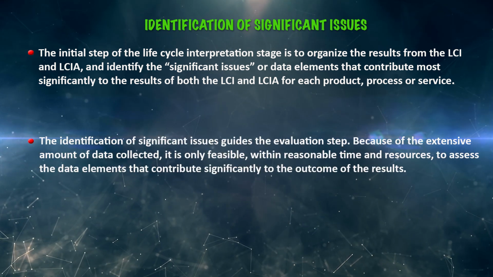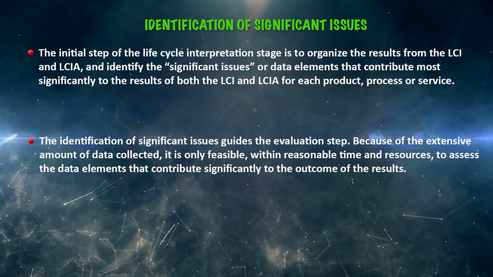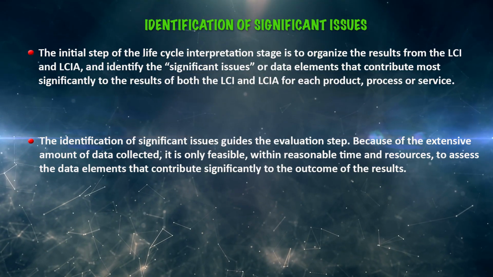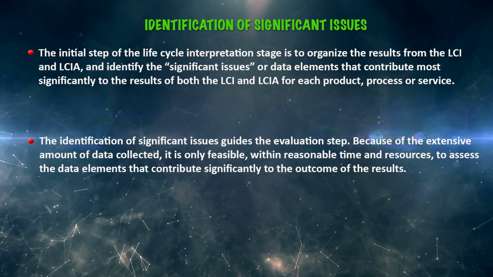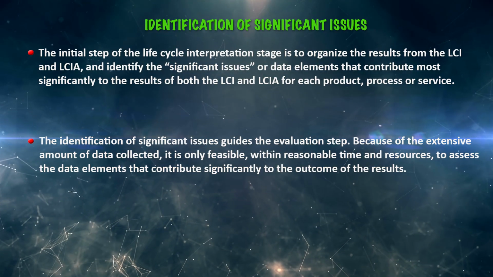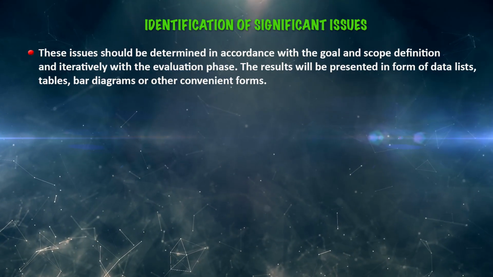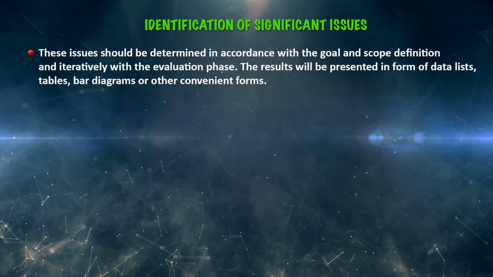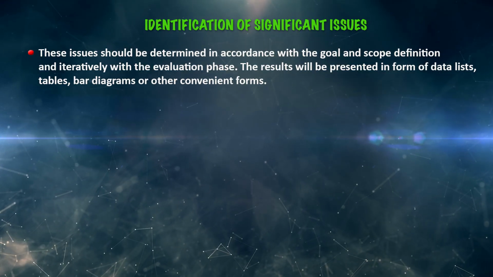The identification of significant issues guides the evaluation step, because of the extensive amount of data that has been collected, it is only feasible within reasonable time and resources to assess the data elements that contribute significantly to the outcome of the result. So, these issues should be determined in accordance with the goal and scope definition and iteratively with the evaluation phase.